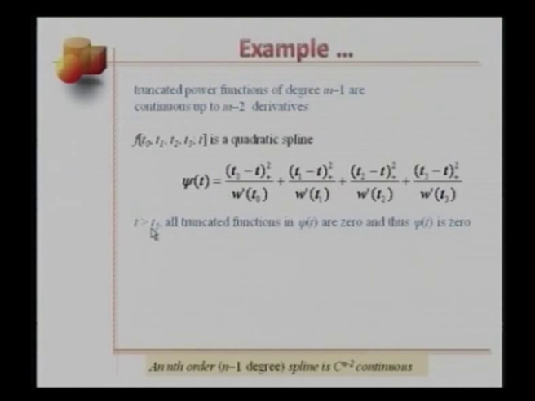For t greater than t3, all truncated functions in psi of t are 0, and thus psi of t is 0. In a sense, all these numbers within the parentheses are negative.